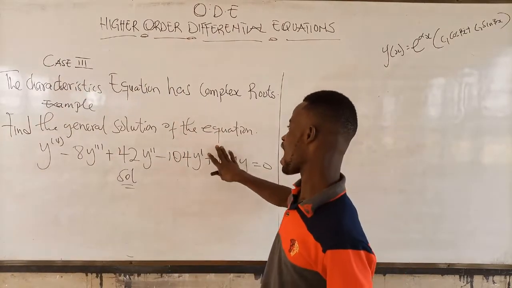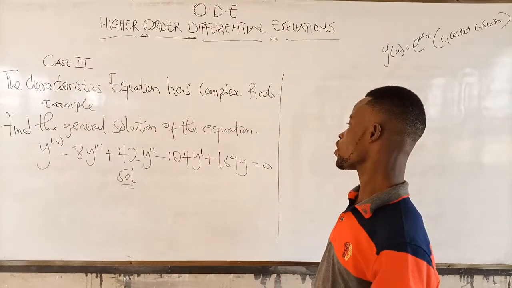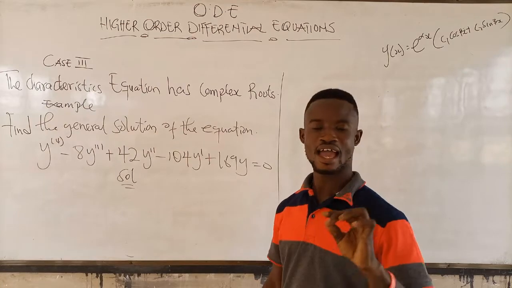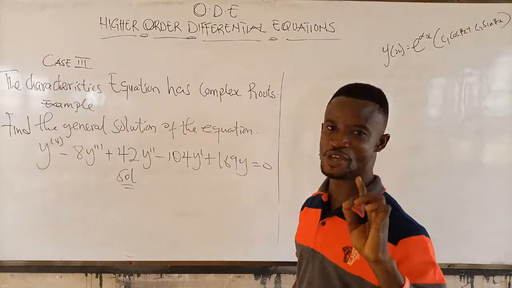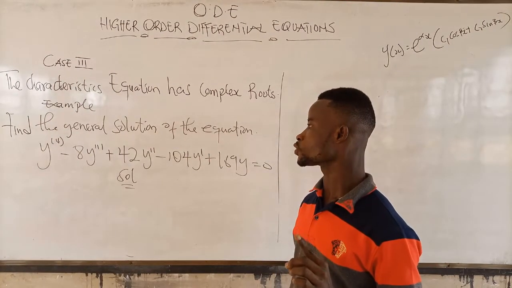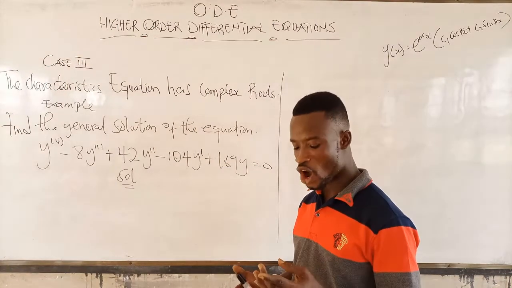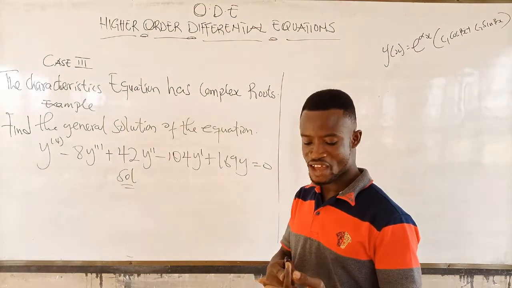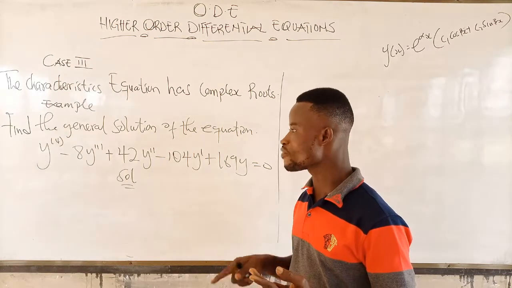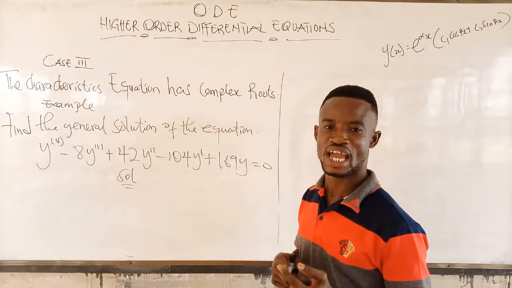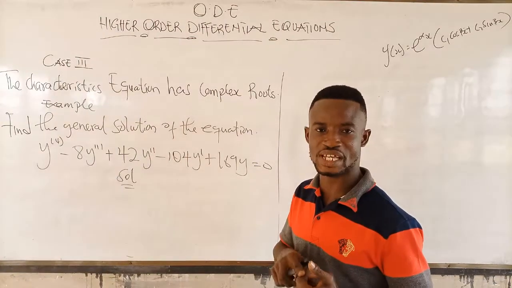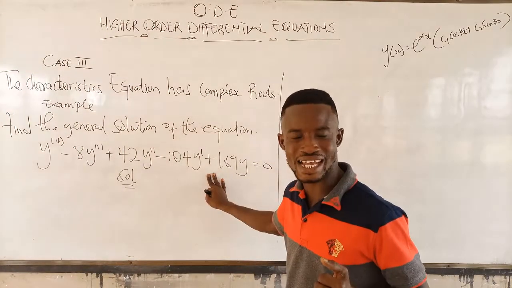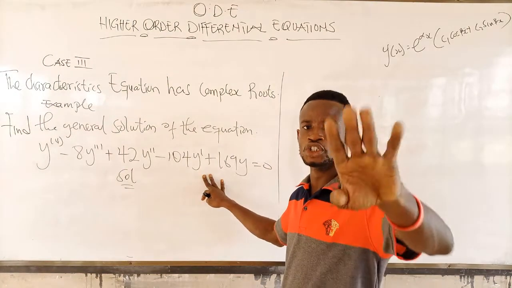So if we are to be given an IVP, it will be the IVP for the function itself, the IVP for the first derivative, the IVP for the third derivative, and the IVP for the fourth derivative. So an example like this, for you to get the particular solution, you need 4 IVPs.